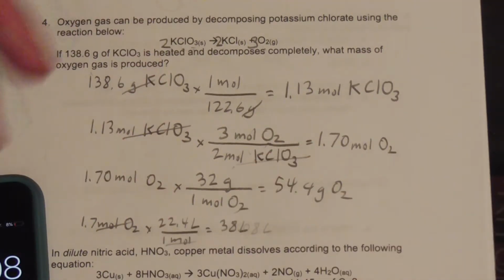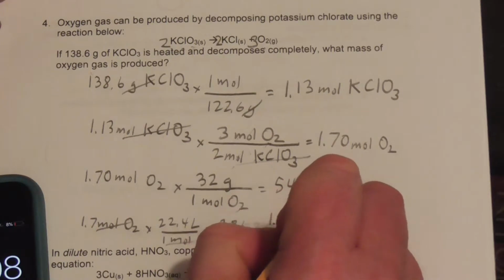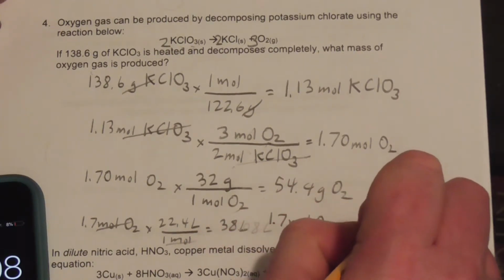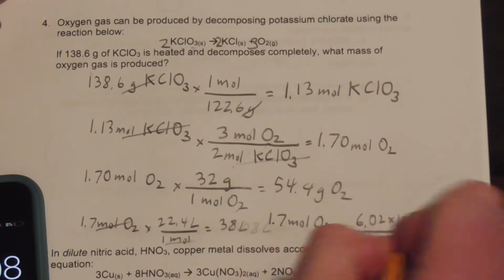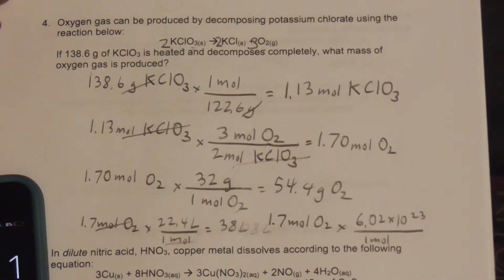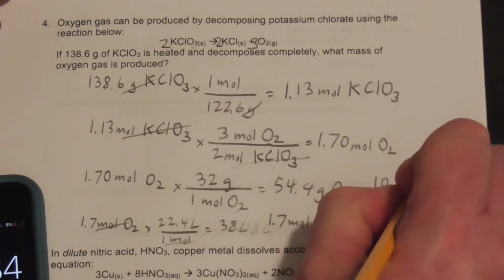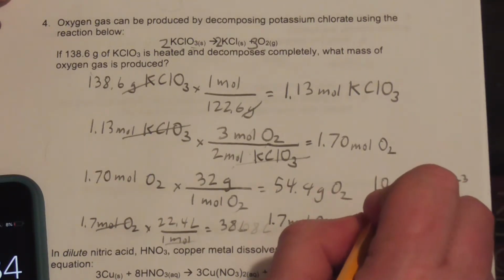If that asks for number of molecules of oxygen, again, I do my 1.7 moles of oxygen times 6.02 times 10 to the 23rd molecules over 1 mole, and I get 1.7 times 6.02 would give me 10.234 times 10 to the 23rd, which is wrong for scientific notation.